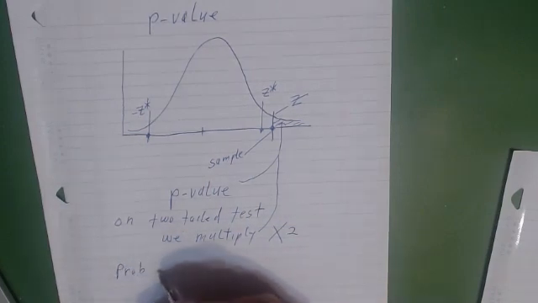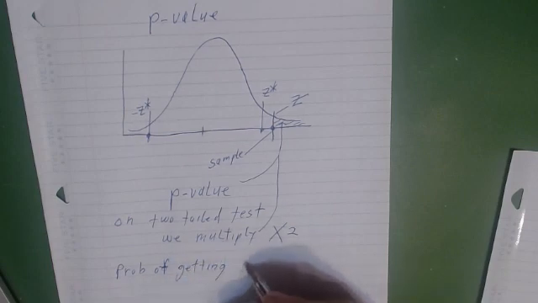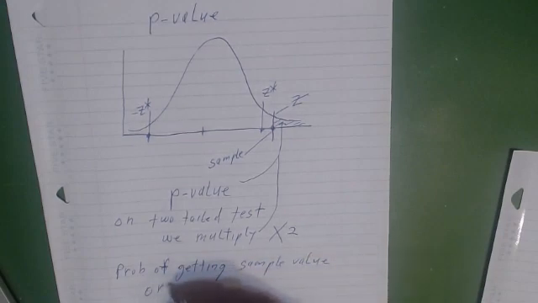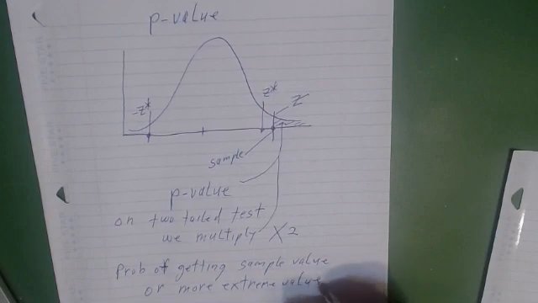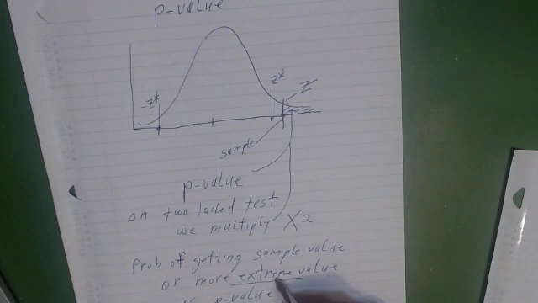the probability of getting your sample value or a more extreme value is the p-value. And what do we mean by extreme?